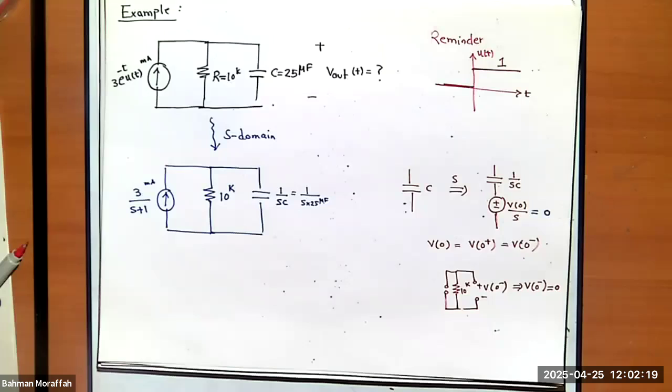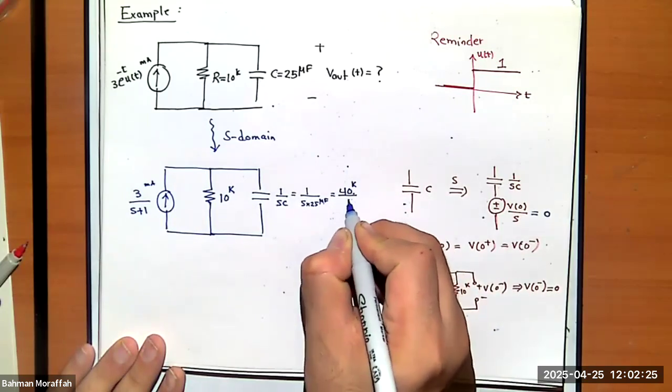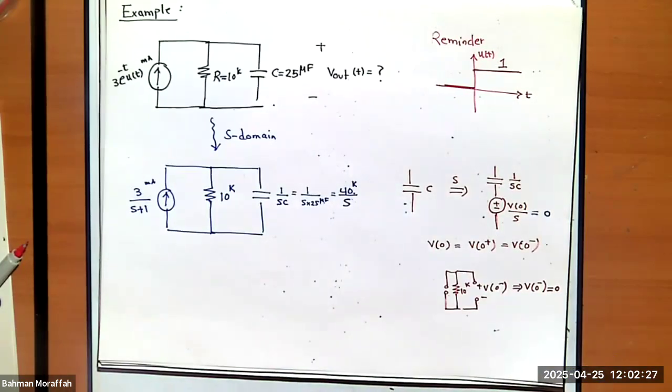So it's 40K. So this is 40K divided by S. Everybody see it? Is it clear why it's 40K over S? Yeah?